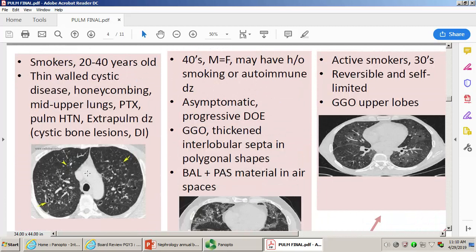These two on the side are cystic lung changes, and then this top person is a smoker, middle-aged, with maybe a pneumothorax, cystic bone lesions, diabetes insipidus: Langerhans cell histiocytosis, aka histiocytosis X, aka... yeah, that's sex.